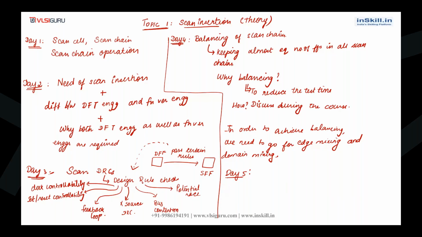We'll try to understand on day 5 what all the problems edge mixing and domain mixing will cause and how to resolve them. Problems in edge mixing and domain mixing and how to resolve them.